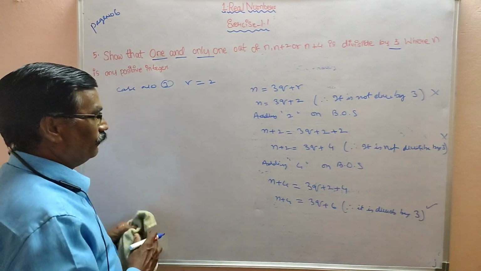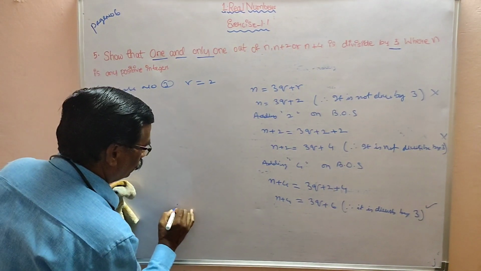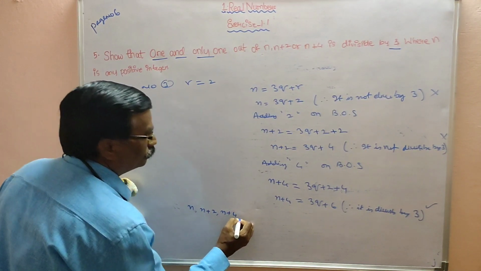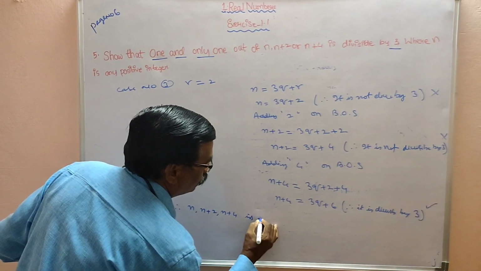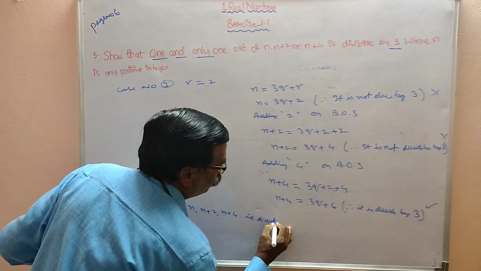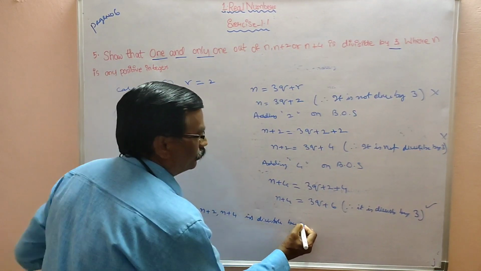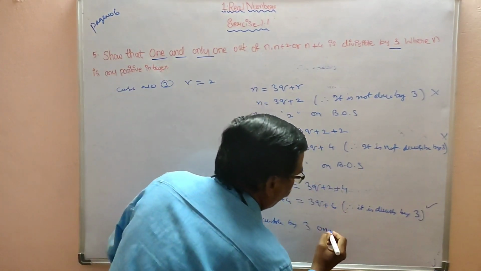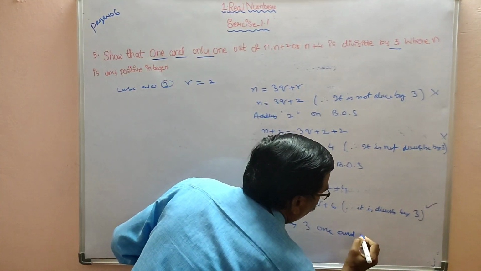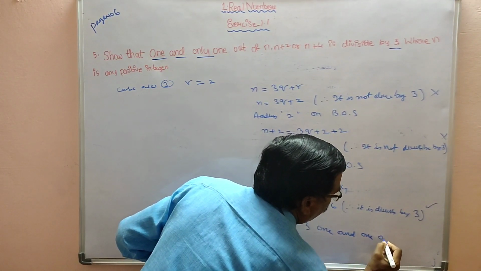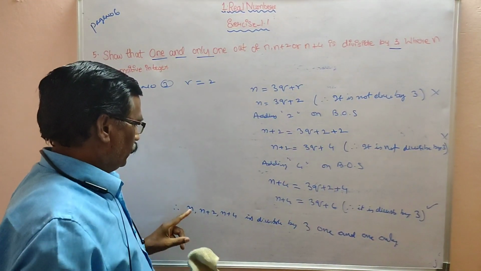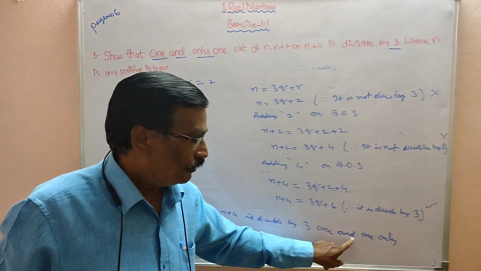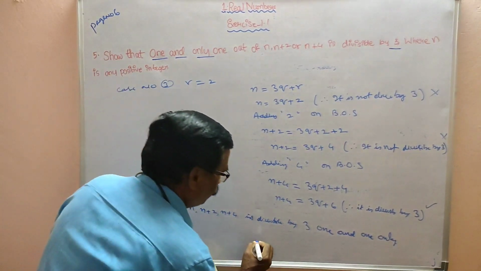So finally we can say, therefore n into n plus 2 into n plus 4 is divisible by 3, one and only one. So therefore, hence proved.